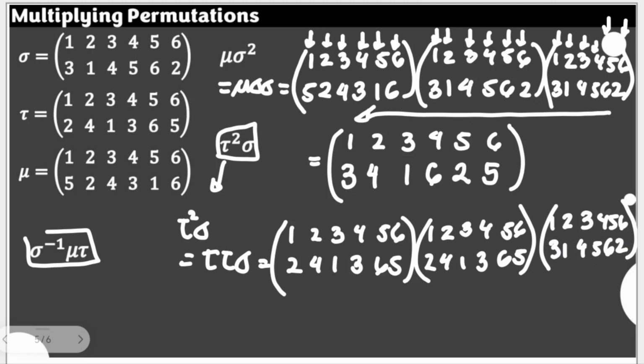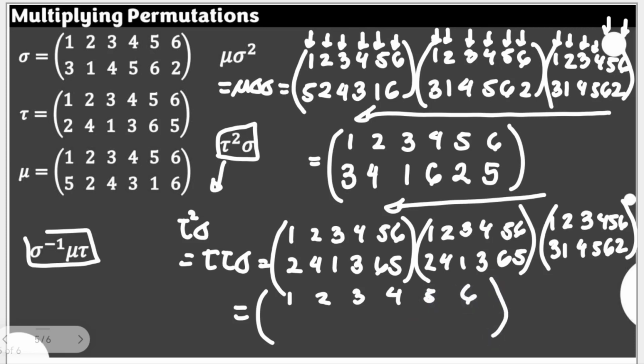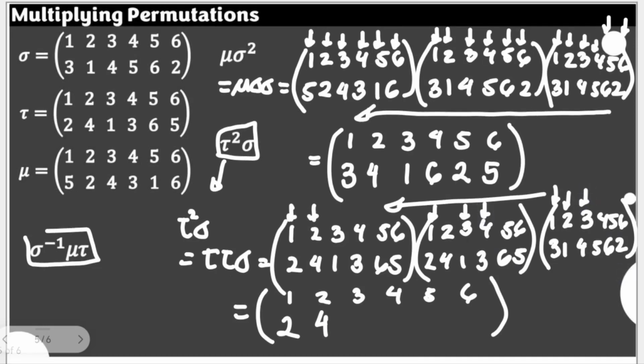So same thing as earlier, we are going to work on it from right to left. This is still a permutation, 1, 2, 3, 4, 5, and 6. Let's start here. 1 maps to 3, 3 maps to 1, 1 maps to 2. So 1 maps to 2. Then 2 maps to 1, 1 maps to 2, 2 maps to 4. 3 maps to 4, 4 maps to 3, 3 maps to 1.